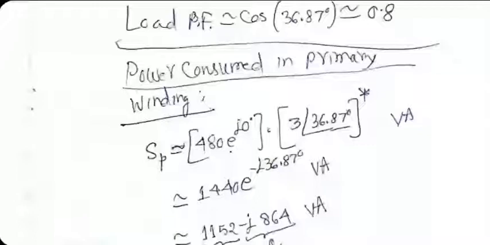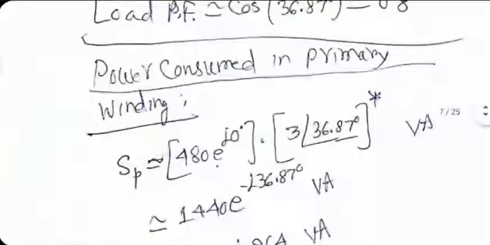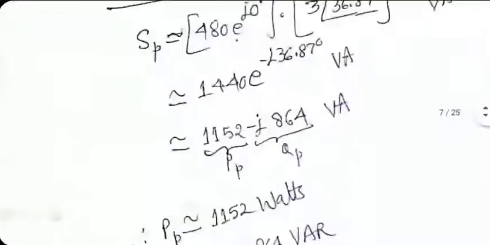So the complex power VA in primary turns out to be what is written here, 1440 e to the power minus j 36.87 degrees. The real part of this will give you the consumed power in the primary in watts, and imaginary part will give you the reactive power in the primary.